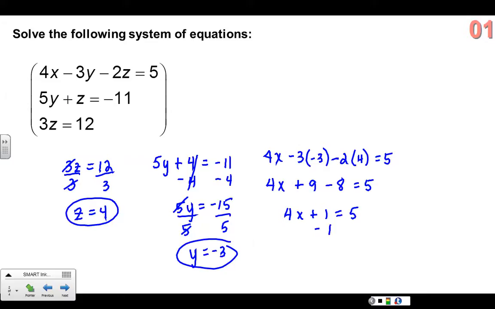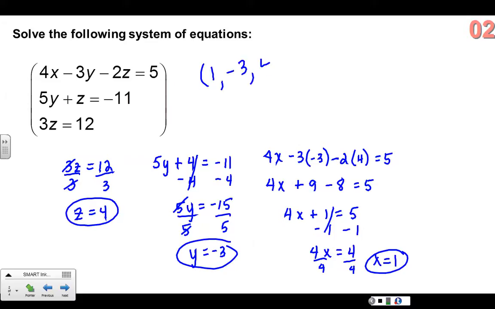So if I subtract 1 from both sides, 4x equals 4, divide by 4, so x is equal to 1. So the ordered triple answer for this problem is the triple 1, negative 3, 4, x, y, z. That would be the solution to this system of equations.